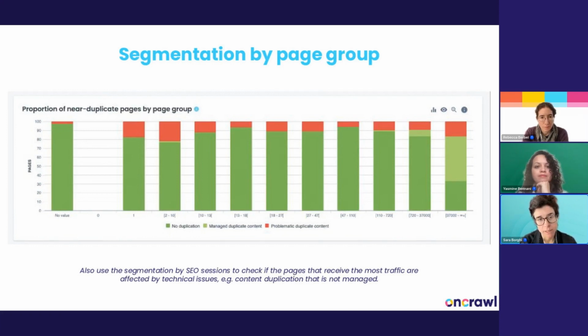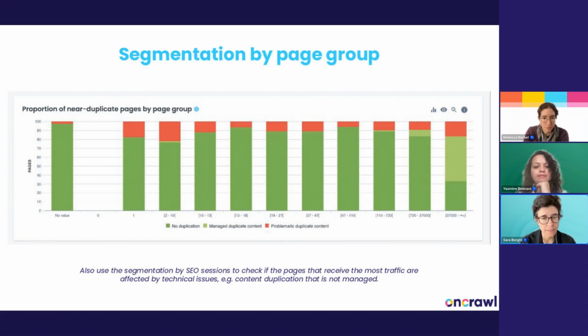Another type of insight that you can draw from the segmentation by sessions is to check problematic duplicate content issues. Again, you might discover that pages that get a lot of organic traffic have this kind of problem.